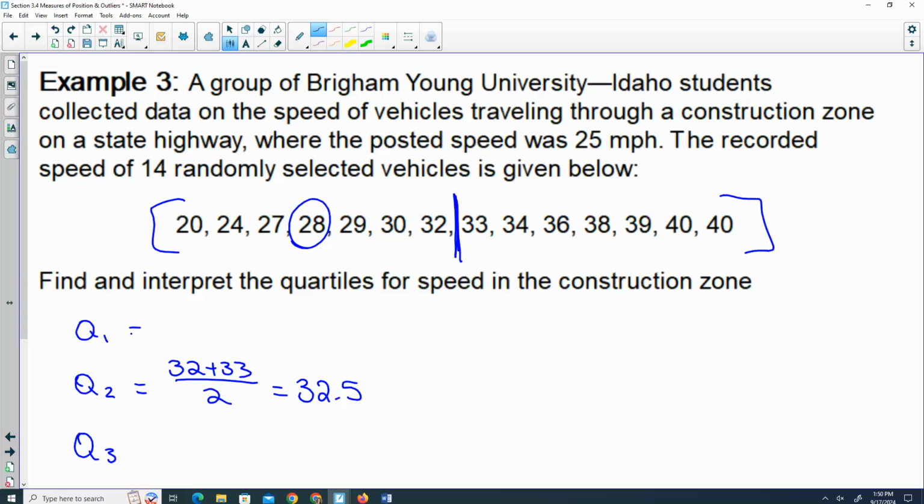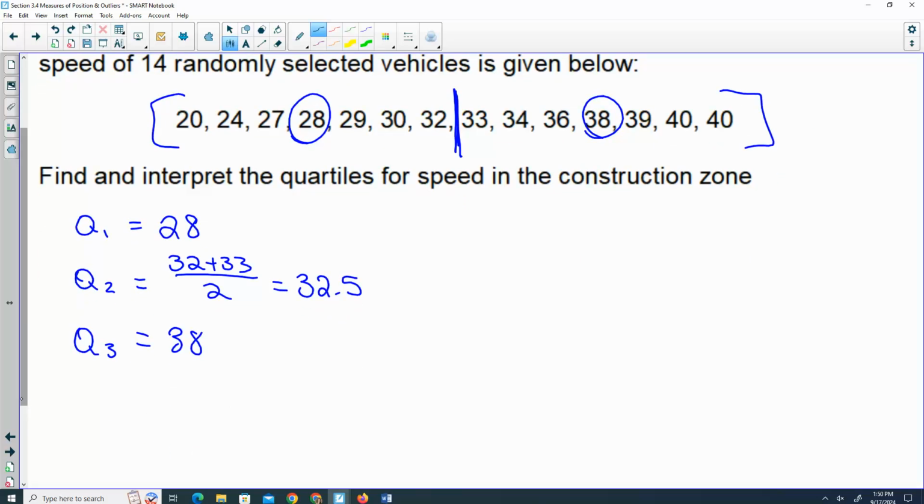So our first quartile is 28. And again, if it were two values, you would just add them up and divide by 2. What would our quartile 3 be? 38.